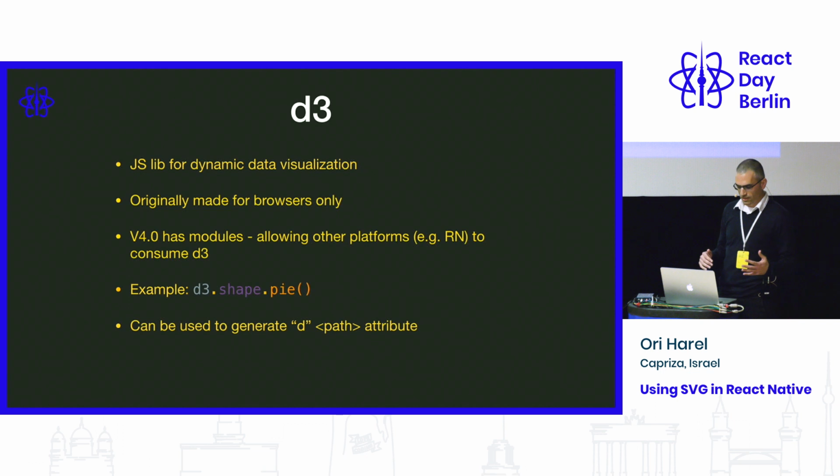So lucky for us, in non-browser environments such as React Native, we can use them. For example, we can use D3 shape to generate those long and complicated strings, and we don't need to write them by hand. We can generate them by invoking friendly APIs such as D3.